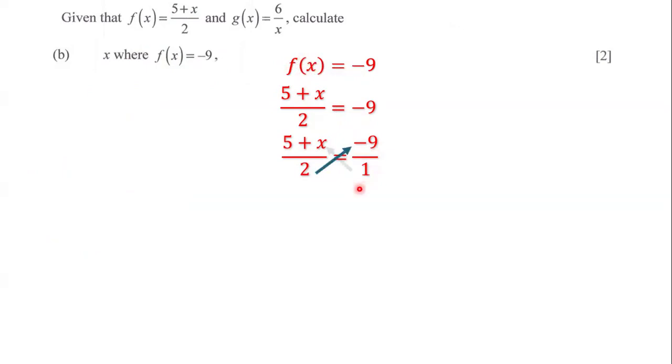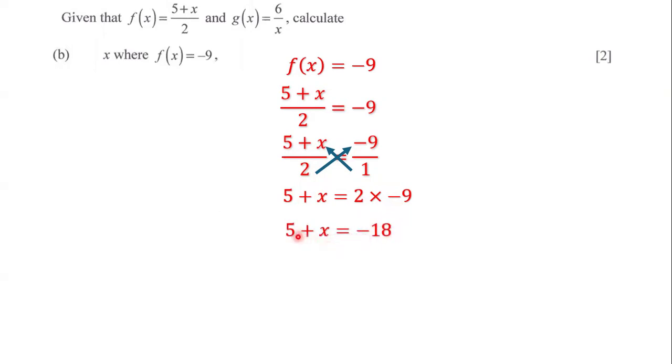And we cross multiply. Remember, our goal is to solve for x. So when we cross multiply, we say 1 times 5 plus x. 1 times 5 plus x is simply 5 plus x. Then we have 2 times -9, and 2 times -9 is -18. And so we have 5 plus x is equal to -18.